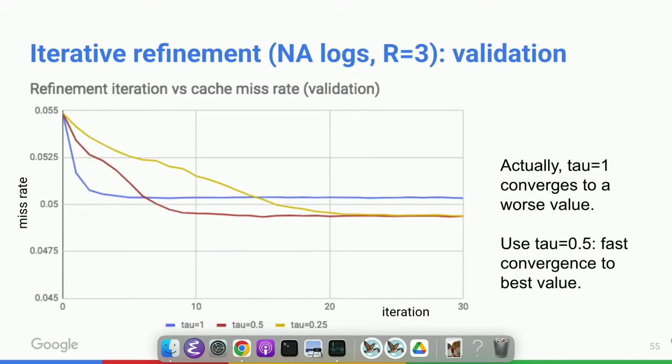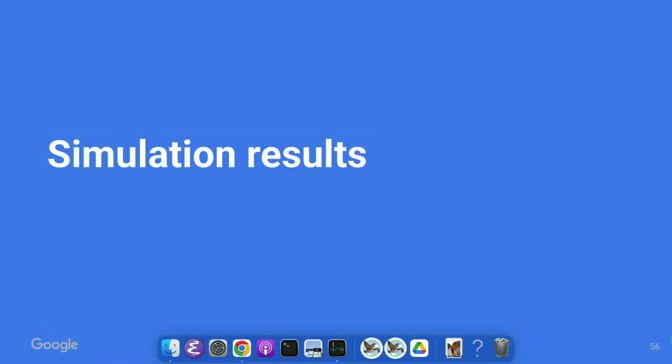Then we see that blue converges quickly to a crummy value. If you do it more judiciously, you converge to a lower value, albeit slower. I don't really have a great explanation as to why these two things are the same. They're not converging to the same thing, they just have the same miss rate. A mystery that I will probably never figure out.